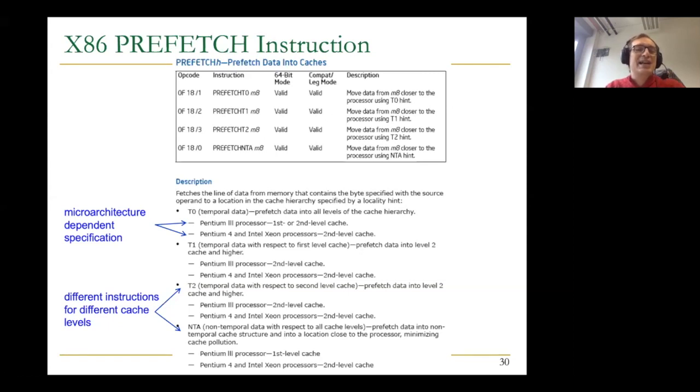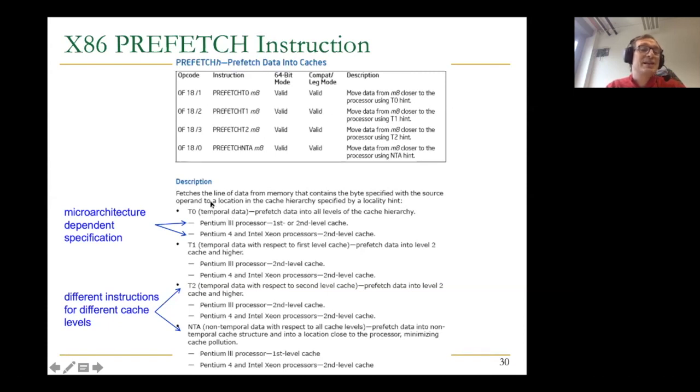Basically, the hardware designs improved over time, and the architecture designer said, okay, maybe we will handle these prefetch instructions completely in hardware. So we prefetch data into the second level cache, and we don't give the option to the programmer or the compiler to specify where to prefetch data. I mean, to begin with, they do not have a lot of freedom to specify it anyway, right?